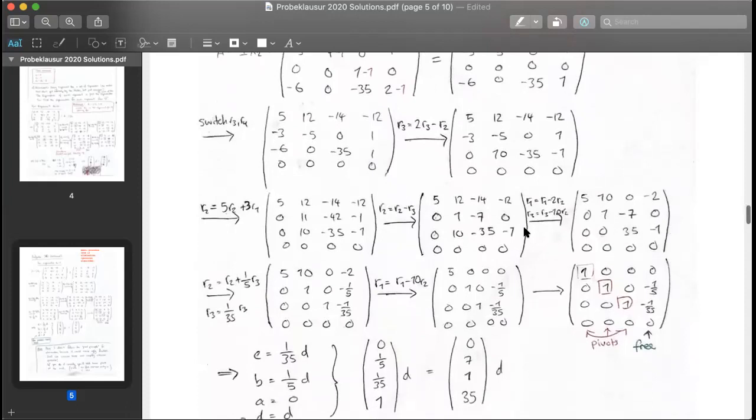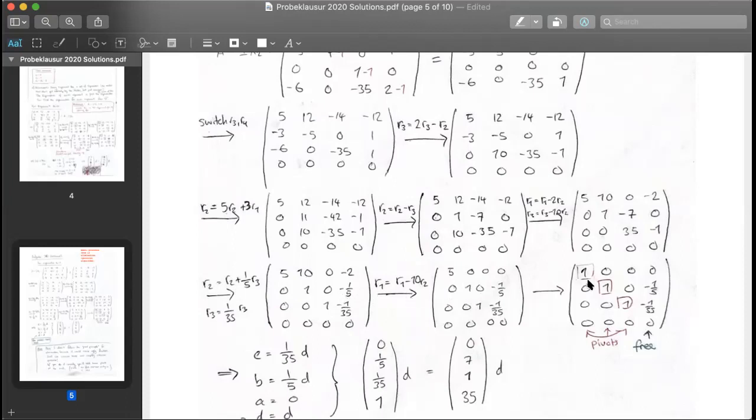I divide this row by 35, and the new row 2, I get it by adding a fifth of row 3 to it.